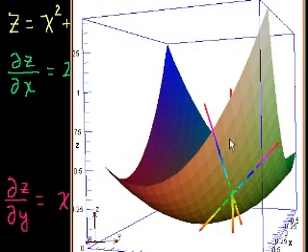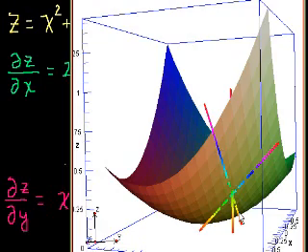I bounded it because it starts to increase really fast, and then you wouldn't be able to see all of this interesting stuff that happens closer in. So this vertical line, I just wanted to show you that when x is equal to 0.3, y is equal to 0.3, z is equal to 0.27. That shows what point we're working with.